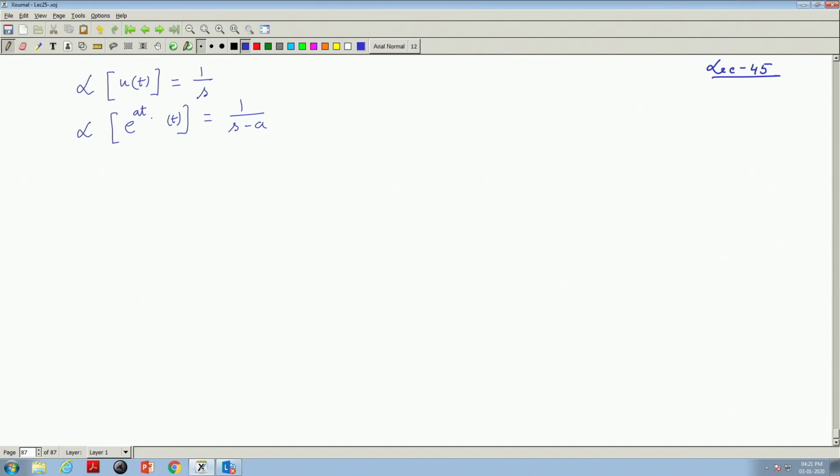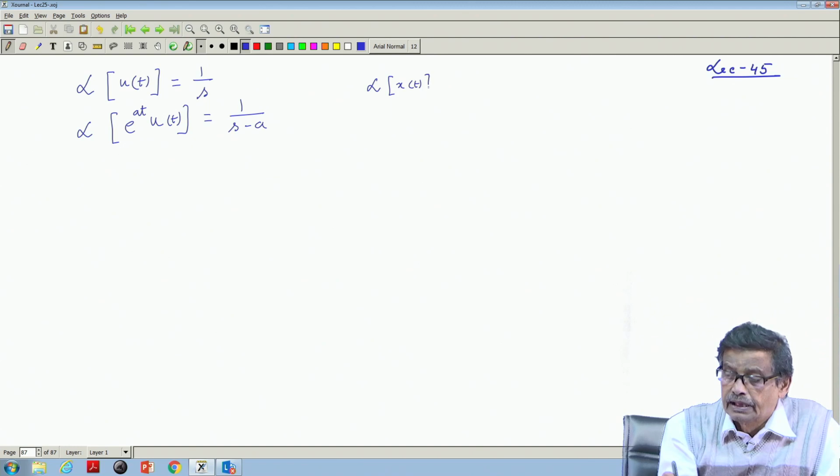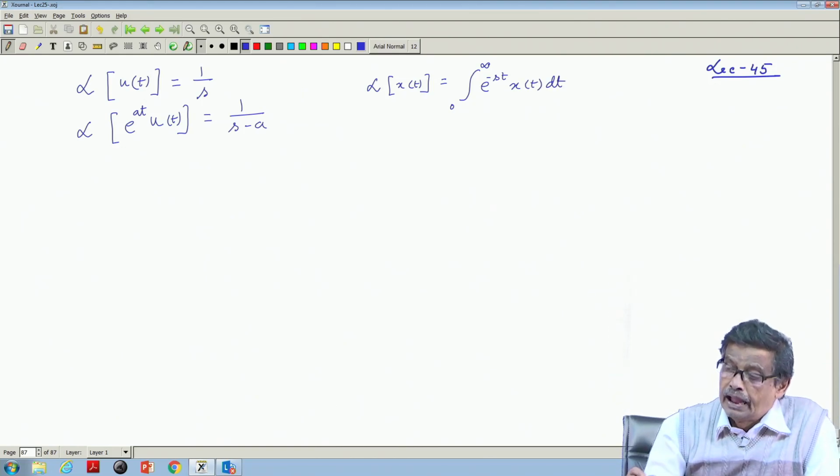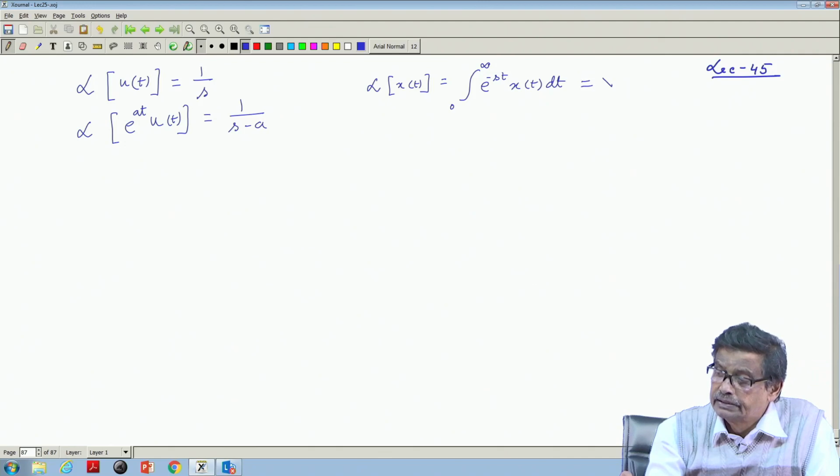So, we are discussing the unilateral Laplace transform, that is, we integrate the function from 0 to infinity. The basic definition of the Laplace transform of x(t), as we have seen, is the integral from 0 to infinity of e to the power minus s t into x(t) dt.